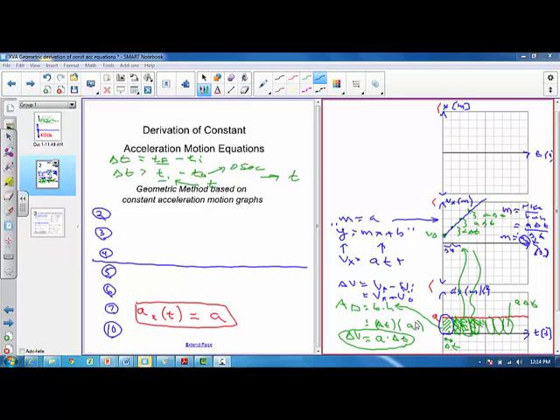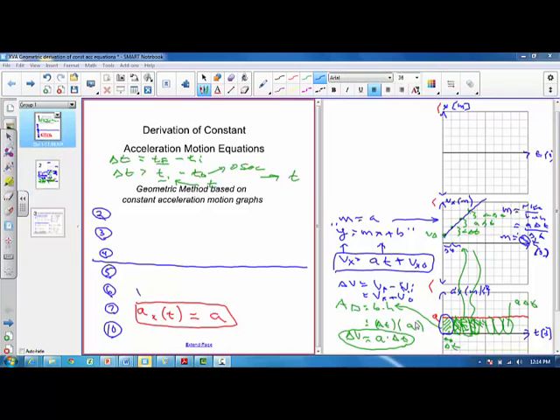And our y-intercept for this is our initial velocity. We'll call that vx naught. All right. So there's our next equation. That's our equation for velocity as a function of time. And we're going to write that in equation number 6 over here. So our velocity as a function of time equals acceleration times time plus your vx naught.